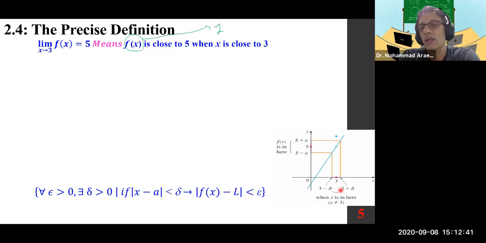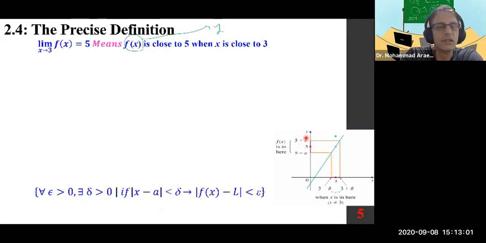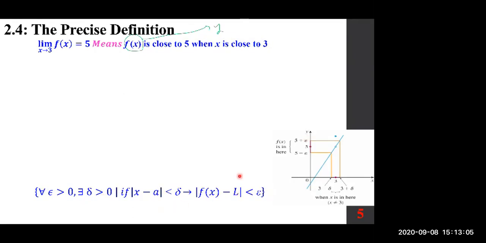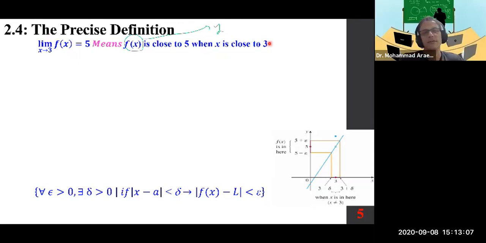But if it's not linear, they may not be the same. In which case, you look at the smaller of the two. But look at what happens. If we are delta away from number 3, a distance of delta, we are away from 5 by epsilon. That's the meaning of it. And that's what you have here, this definition or the meaning that is explained here. So I hope that's good enough.